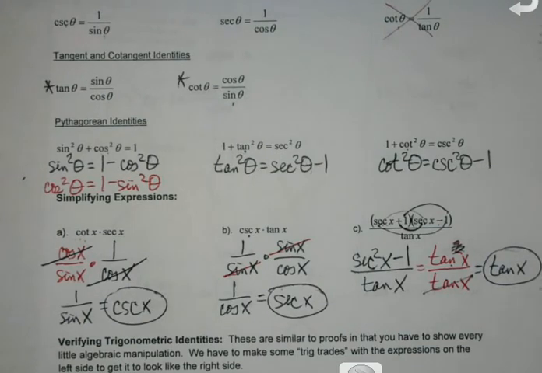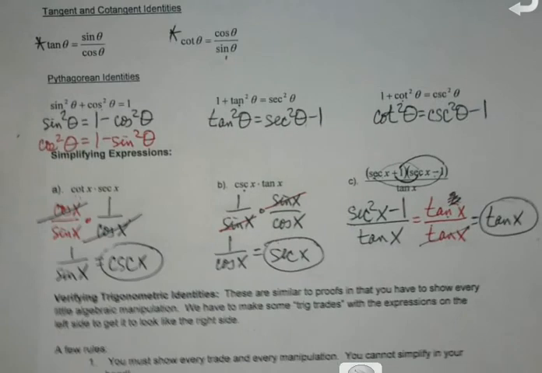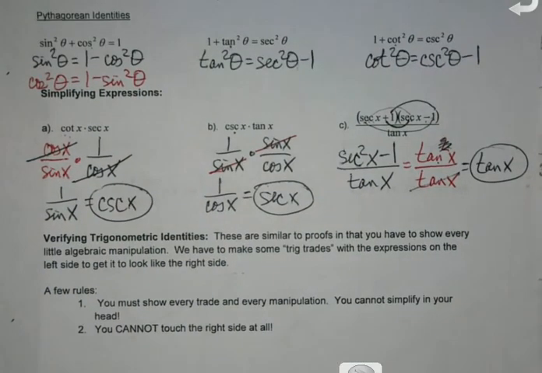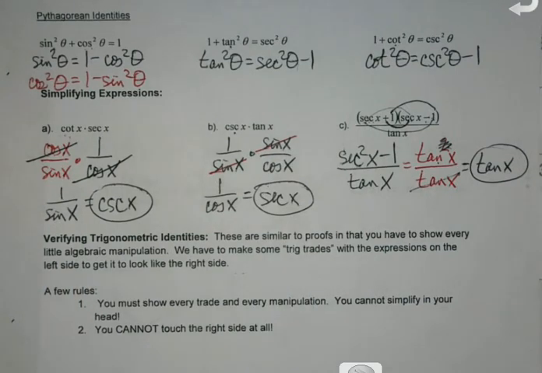Now when it actually comes to the verifying, which is the more legitimate part, it's more like a proof. So here's how this is going to work. We'll read the directions at the bottom before we flip over here. So we've got to follow the directions. Similar to proofs, we've got to show every little step that we're doing to explain what we're doing. So we're going to make trades. We're going to reduce and cancel things to make the left side look like the right.